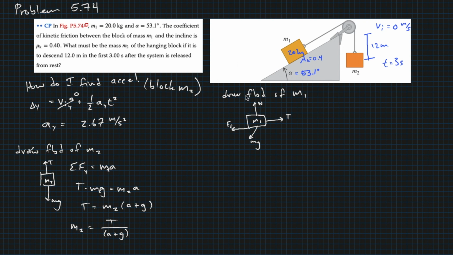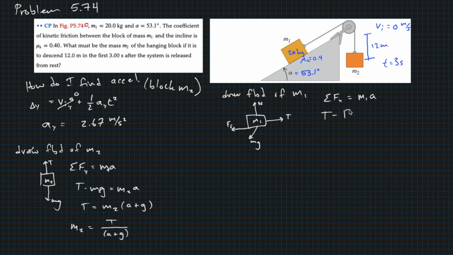So M1 over here, I have to write out my equation for the sum of the forces, adding up all the forces in the x direction for M1. Sum of the forces in the x direction is equal to mass 1, because we're talking about mass 1 here, times the acceleration. So all the forces in the x direction: I've got tension T going off to the right.